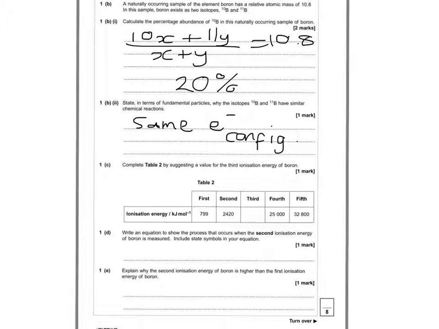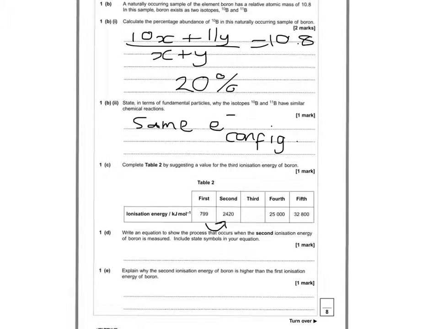So actually the one we want to fill in is not where the big jump is. The big jump will be after the third and before the fourth. So what they're looking for there, and you can get the mark for any number between 3,500 and 10,000. So the way I would do it, I would look at the approximate jump between the first and the second.